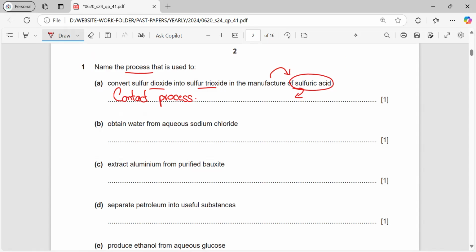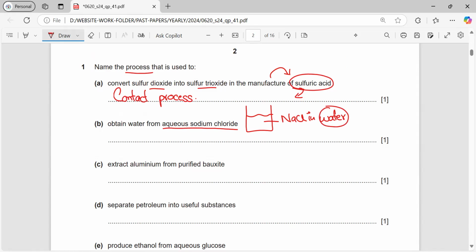Then the process which obtains water from aqueous sodium chloride. Now, when we talk about aqueous sodium chloride, it means the sodium chloride dissolved in water. It is completely soluble in water, and we want to separate water from it.